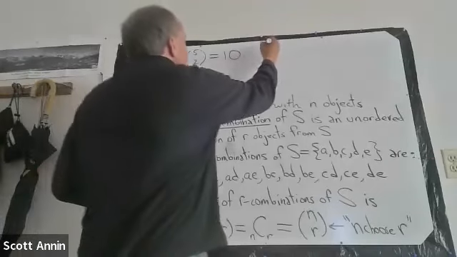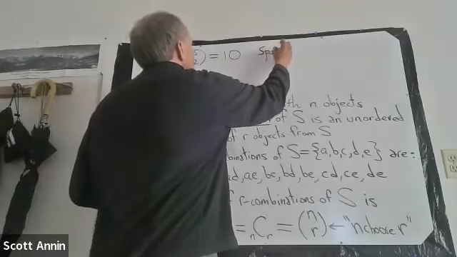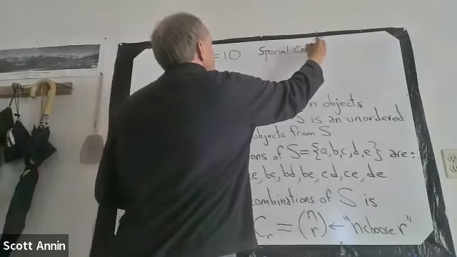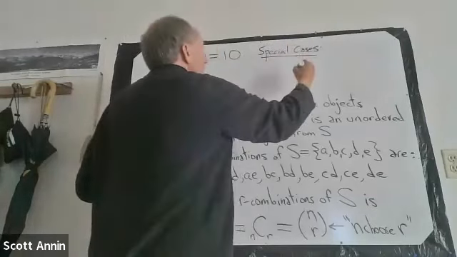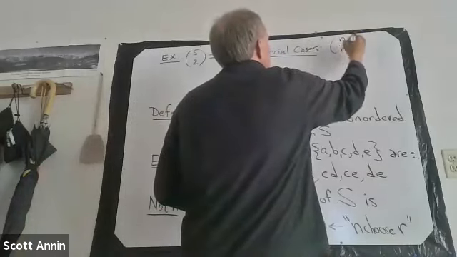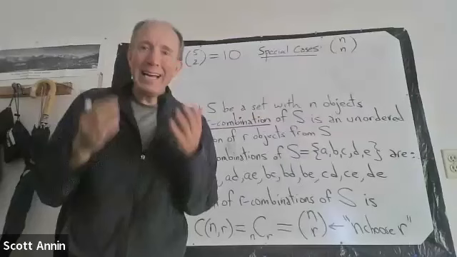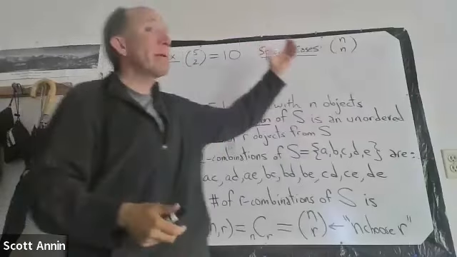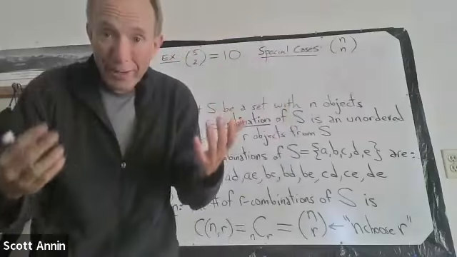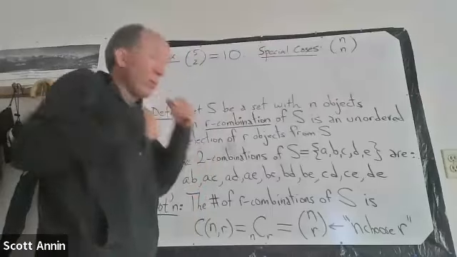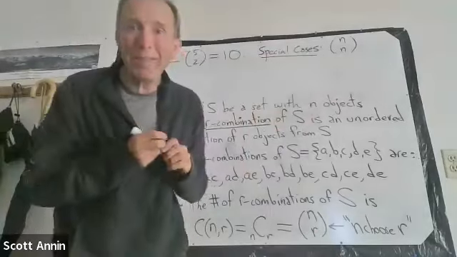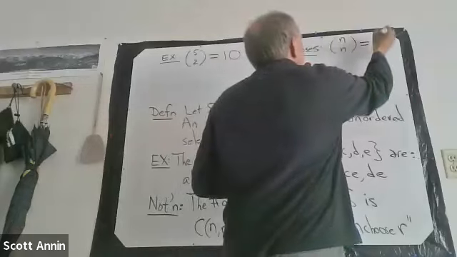There's a couple of special cases. I may as well, for the record, write these down for you guys. If I ever wanted to take N choose N, so I have a set of N objects, and I want to know how many ways can I choose all of them. Well, the answer is, you have to grab all of them, right? There's really only one way to do that.